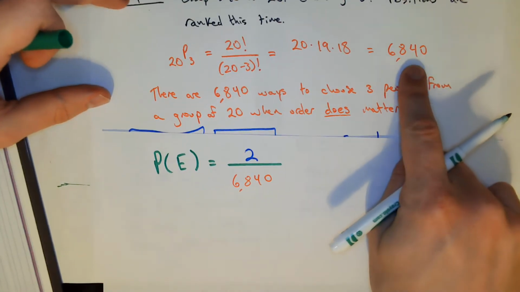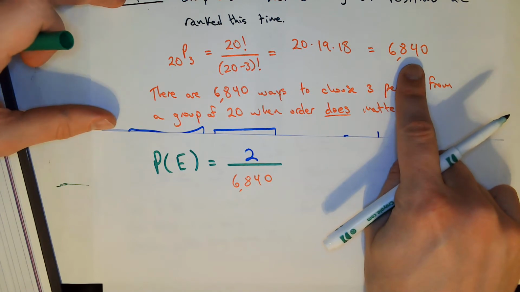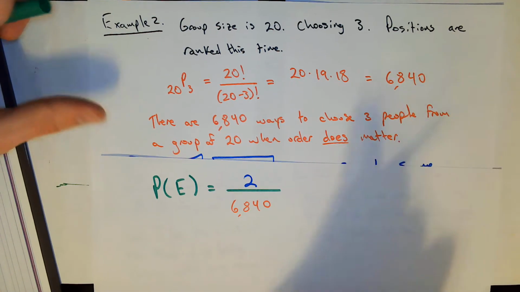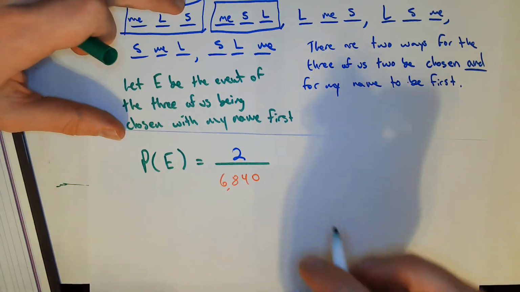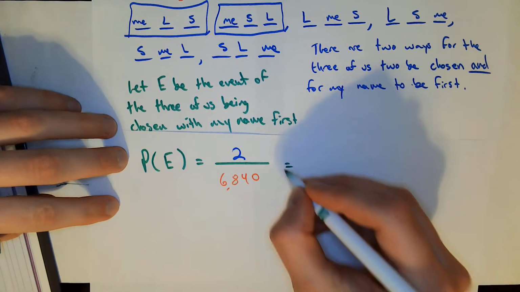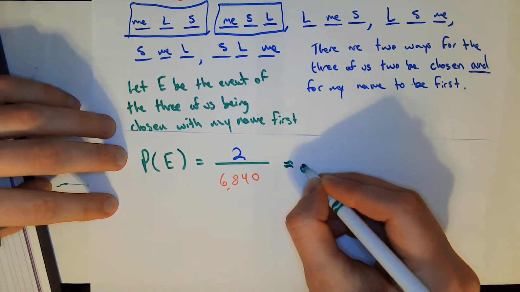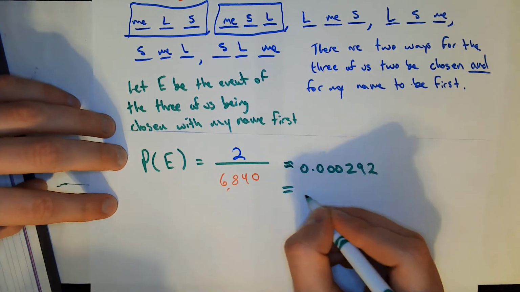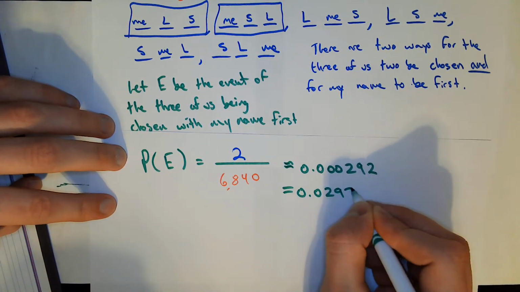Coming from there, right? The number of ways that there are to pick 3 people from a group of 20. All right, good. So we're getting that this is 3 times as small, so approximately 0.000292, which is equal to 0.0292%.